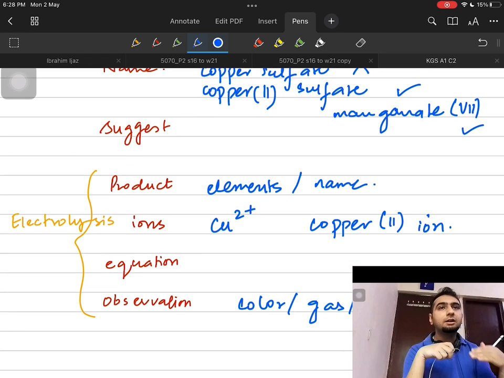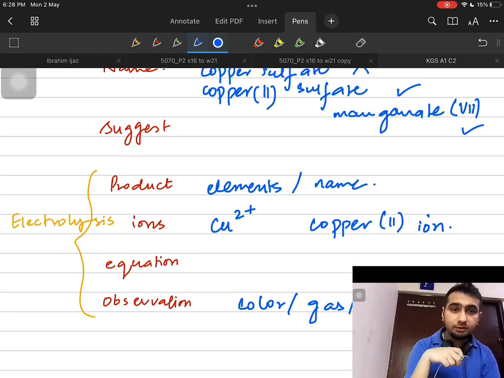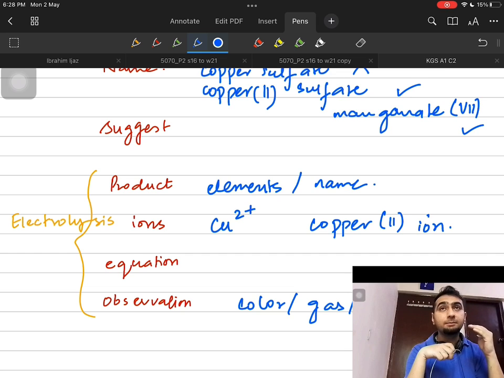For example, pale green fumes, colorless bubbles of colorless gas, fizzing. These are the products. Pink solid deposits, gray, silver gray metal deposits. These are the observations. Even in any other part of the chemistry where they're asking for the observation, writing the color is more important.